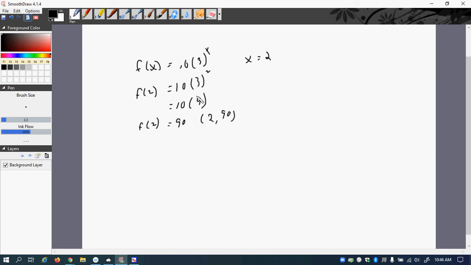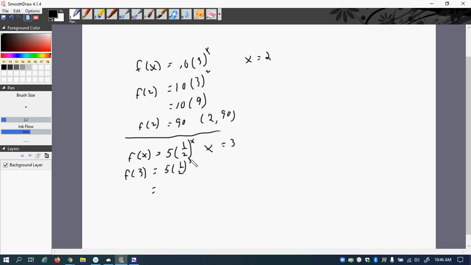Let's take a look at another one. Let's say f of x equal to 5 times 1/2 to the x. This is a decay, and now we have x equal to 3. So f of 3 is equal to 5 times 1/2 to the third.